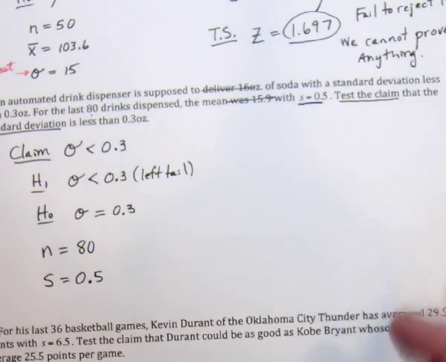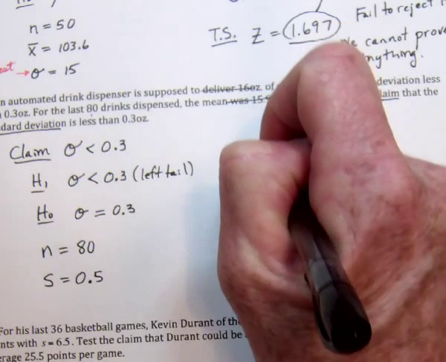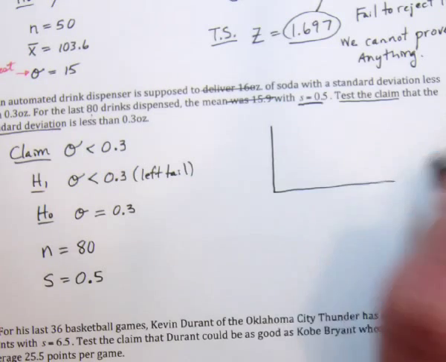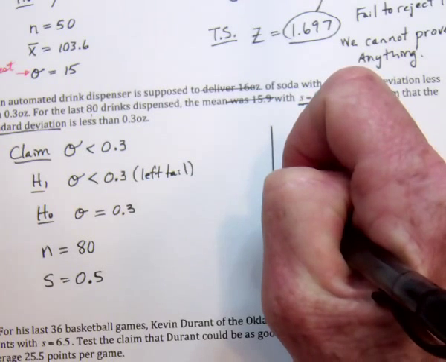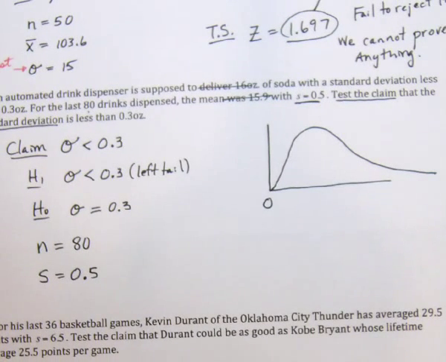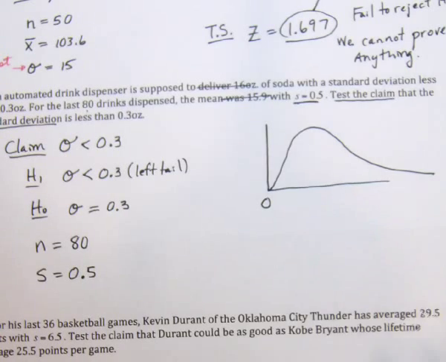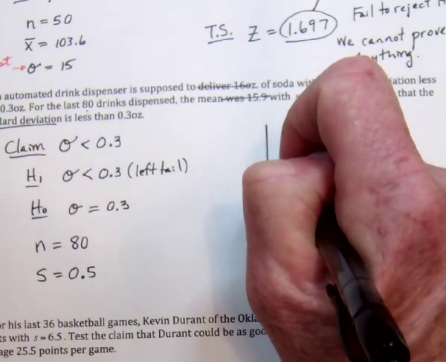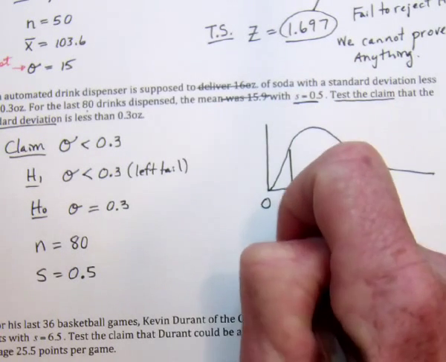Then draw the picture. The picture for chi-squared is a little bit different. Because it's squared, it does not have any negatives. It starts at 0, and then it's skewed to the right. This one is going to be a left-tailed test, so this is where I would put the critical value.